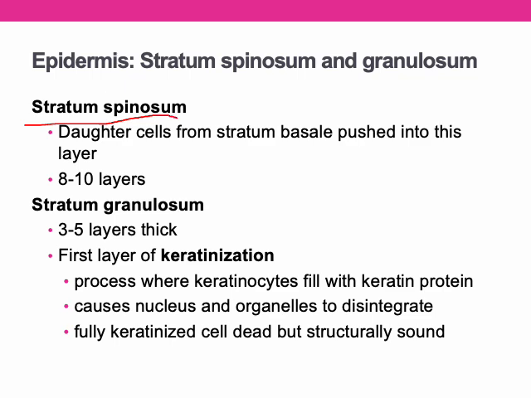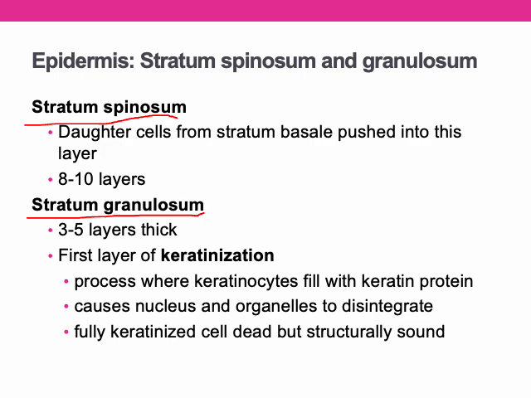Next, the cells make their way up to stratum granulosum, and stratum granulosum is an important layer because this is where we see keratin being produced for the first time. Once keratin is being produced, that's going to cause the organelles and nucleus to die and disintegrate.